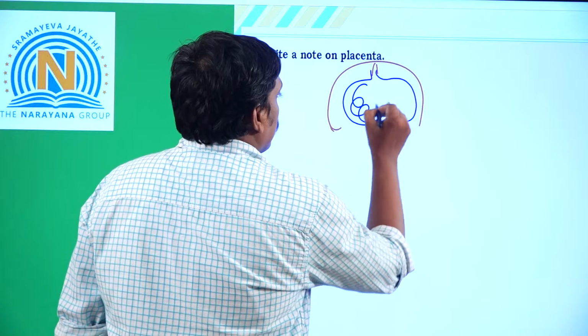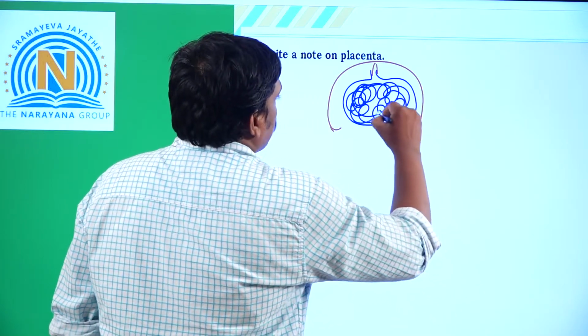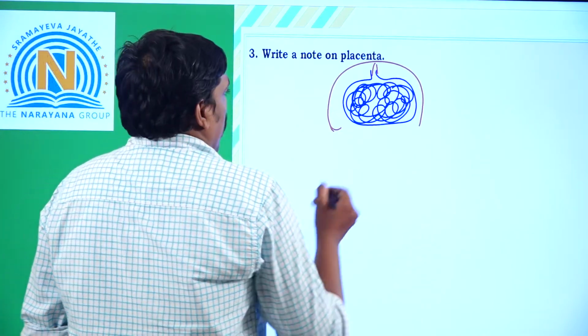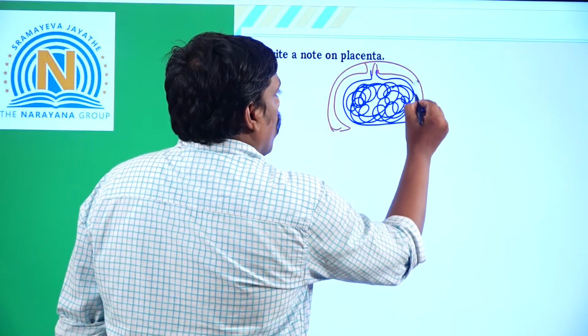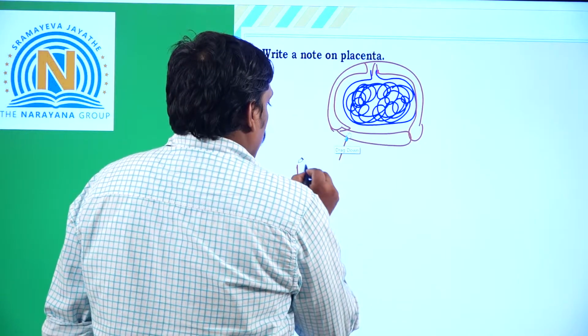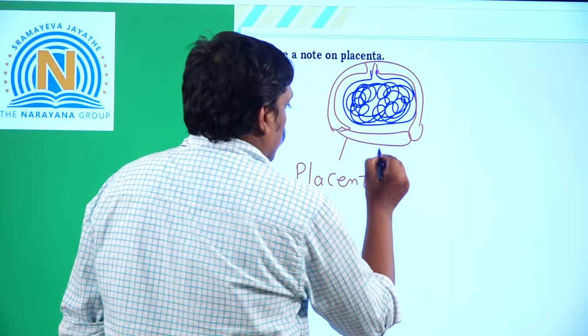Imagine it is an embryo, and this embryo contains cells. Around this embryo, a layer is formed. This layer is called the placenta.